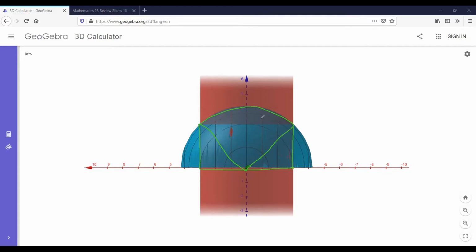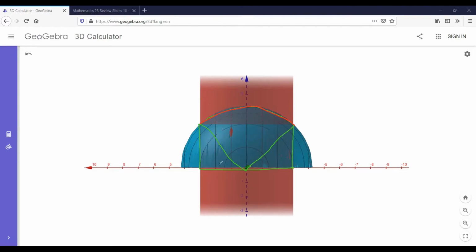So why do we have to do this? Well, if you look at rho, on this part of the cone, the hemisphere part, the upper bound of rho is the hemisphere. But on the side of our surface, the upper bound is the cylinder.